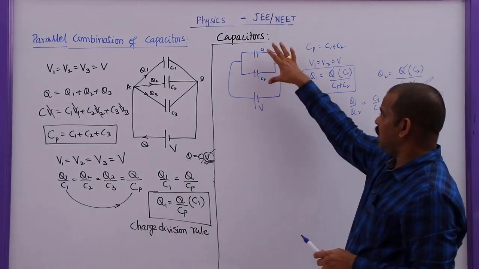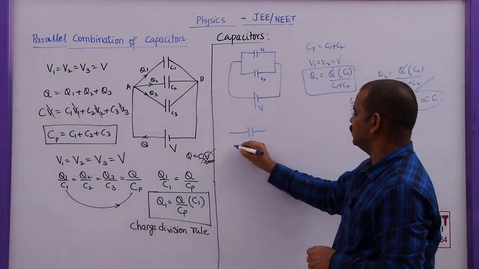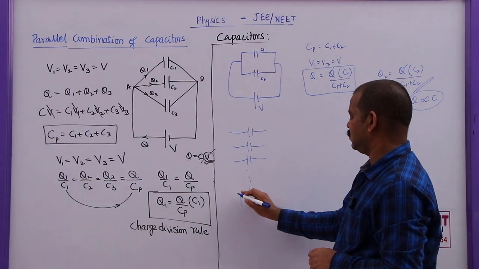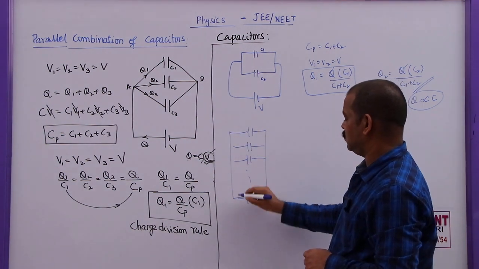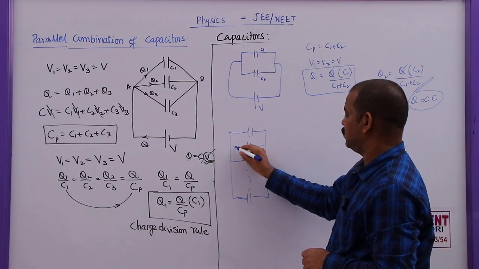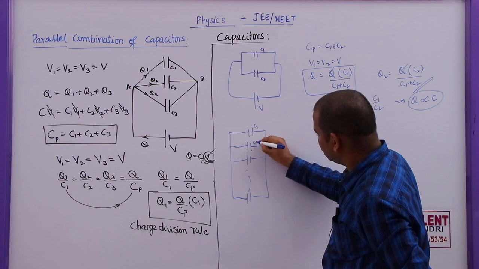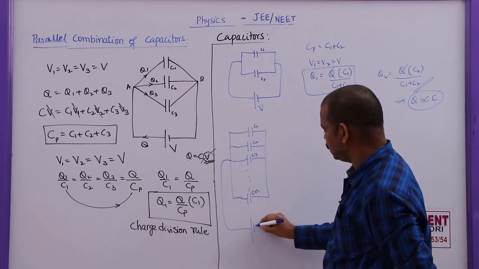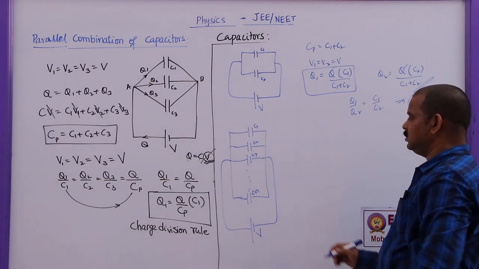Now, instead of 2 capacitors, let us say I connected n capacitors. So, the capacitors are C1, C2, C3, up to Cn, and this combination is connected to a cell of potential V. So, in this case what happens?